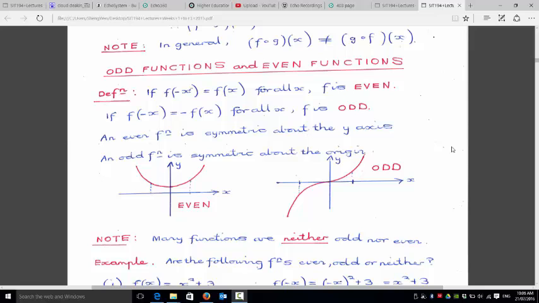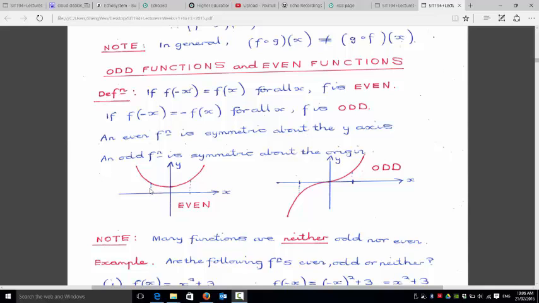So in geometry, an even function is symmetric about the y-axis. You can have a look at this sketch. This is an even function.